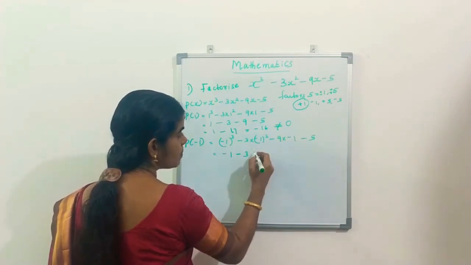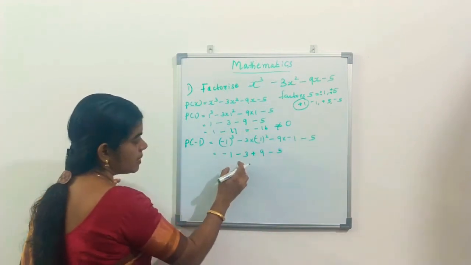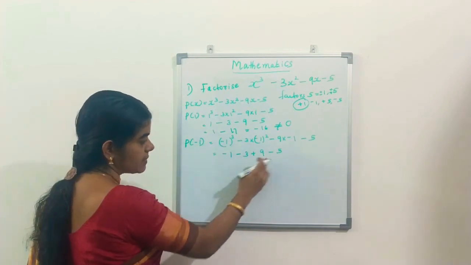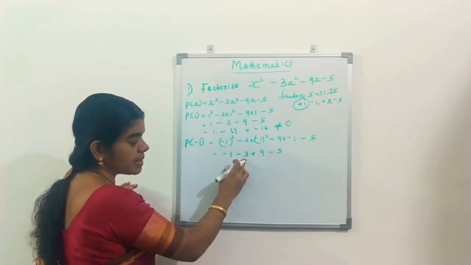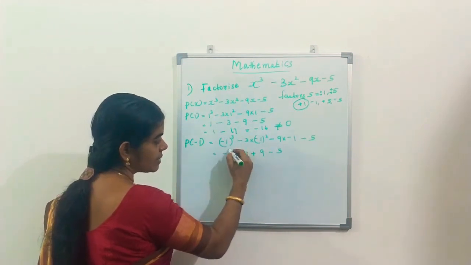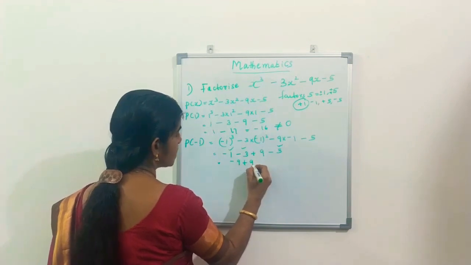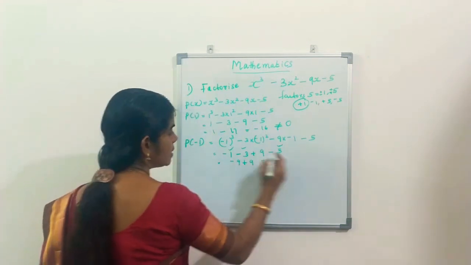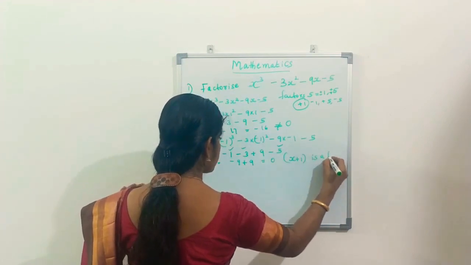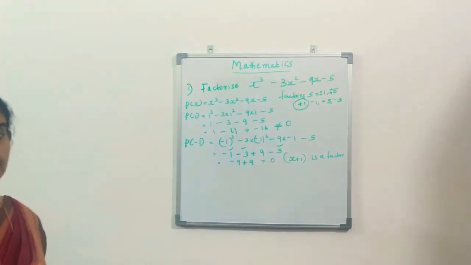Minus 9 into minus 1 means plus 9, and minus 5. Then the 3 negative numbers we can add and give the negative sign. Minus 1 minus 3 means minus 4. Minus 4 minus 5 means minus 9, plus 9 you got 0. Therefore x plus 1 is a factor.